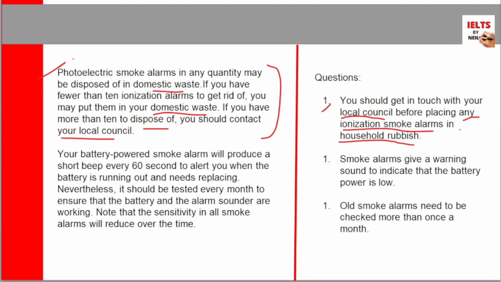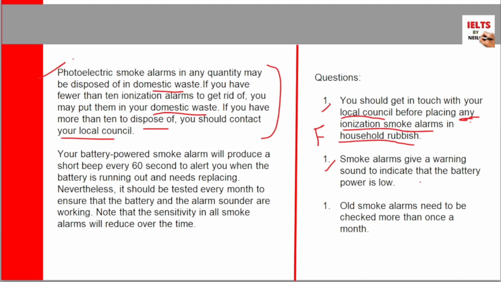And the question is saying you have to contact your local council before placing any ionization alarms, right? So this word any is changing the game here. So this is contradicting, so it will be false. I hope you got the correct answer. Moving on to the next one.